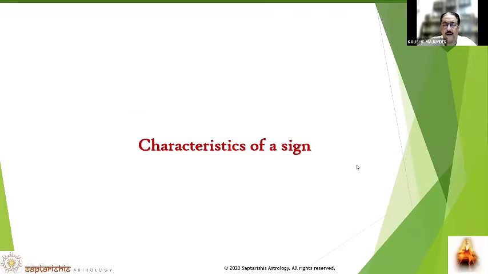So, from here, the predictive side of astrology starts. These basics are very, very important because they have application on the natal horoscope or on the Prashna horoscope, on horary astrology, at every point of time.